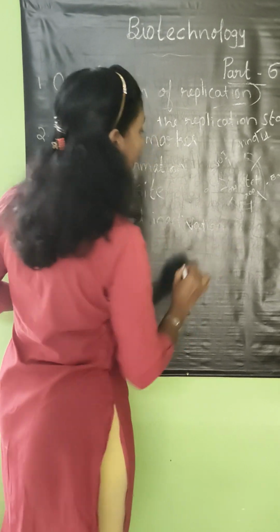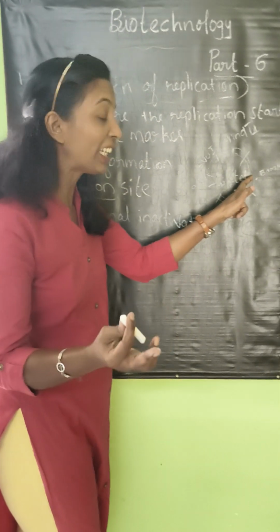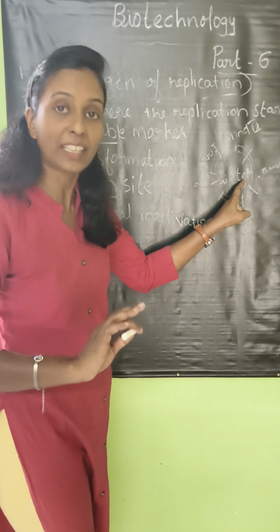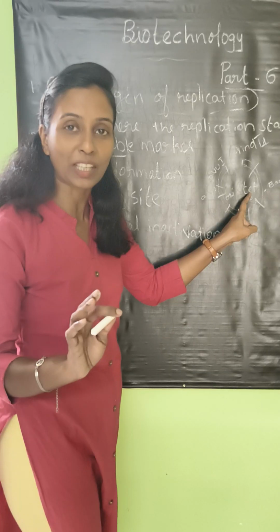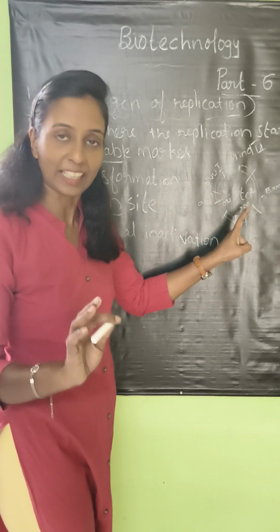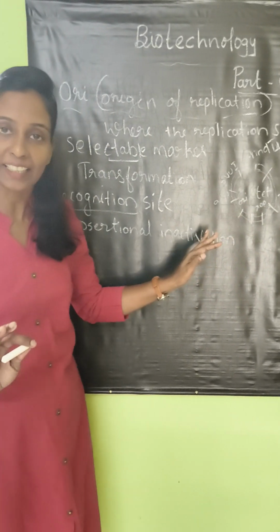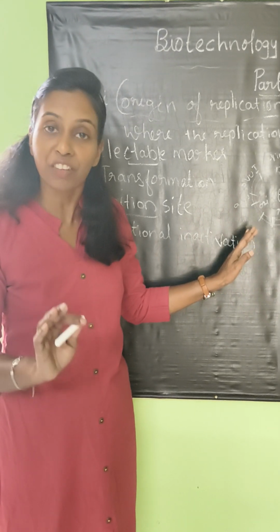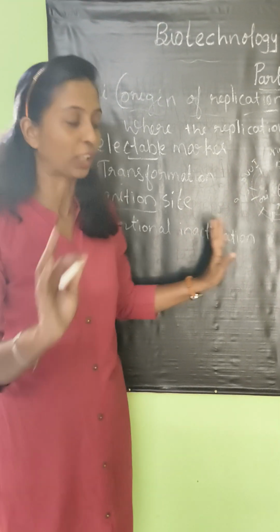From the word itself you can understand, when we insert our gene of interest, tetracycline will be inactivated. So now tetracycline is not there, our gene of interest is there. We have to find whether it is recombinant or non-recombinant.